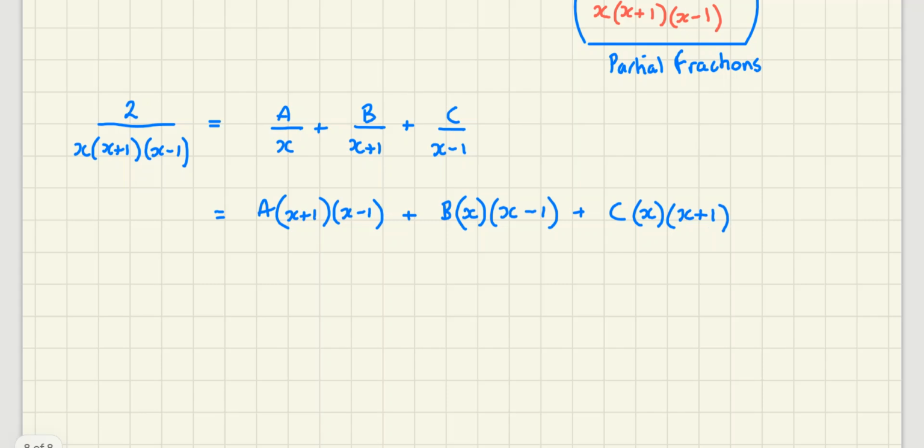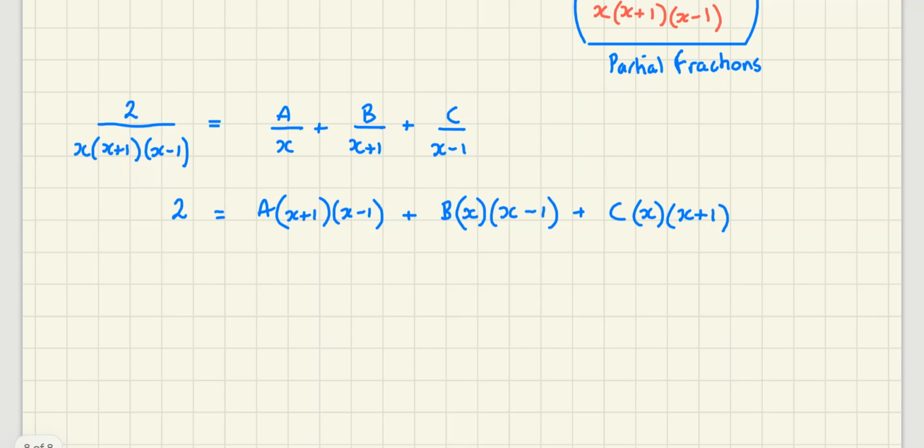All of that's going to equal 2. I've taken a bit of a shortcut there, so I hope that all makes sense. So this one you have to multiply by both of those to make the denominator the same. This one by those two, this one by those two.